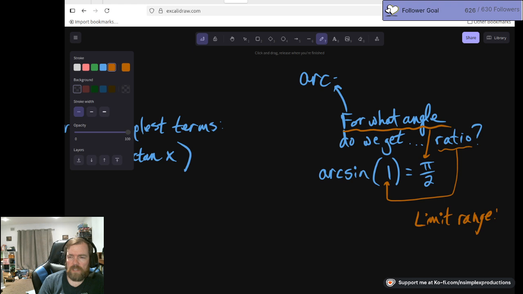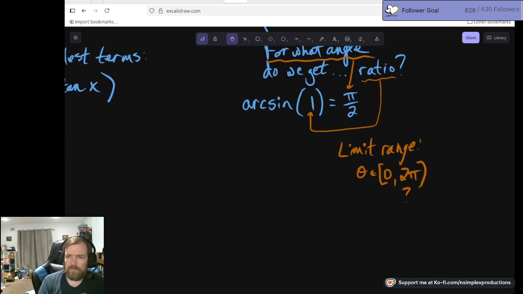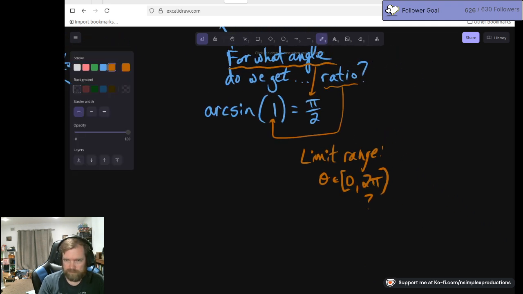Because if we just say theta goes from 0 to 2 pi, then we have to say, well, what is the arcsine of 1/2 going to be?